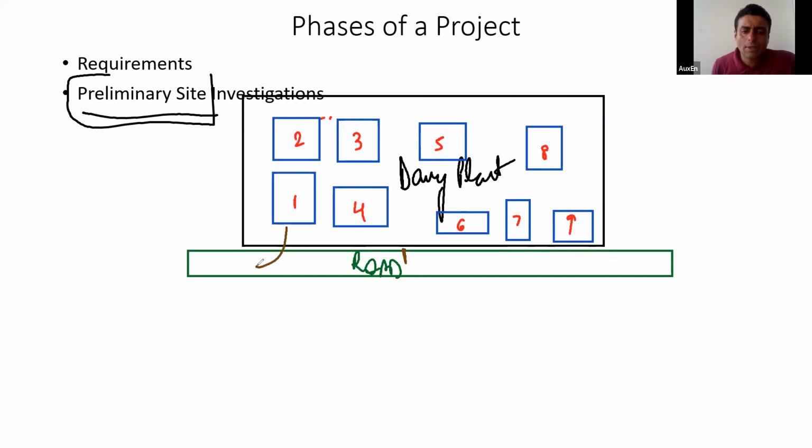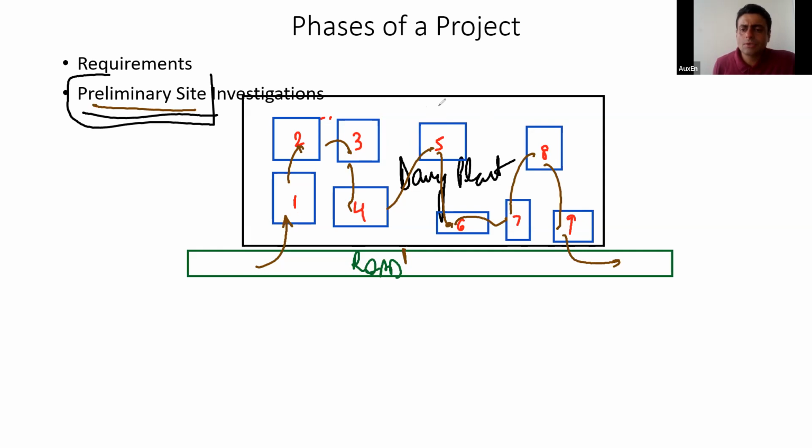So you may have the raw material coming from here, and let's say these are all the processes. Okay. Something like this. And finally, your finished good comes out and it is transported from here. So these big projects may be planned according to the site conditions and according to the site constraints and restrictions.